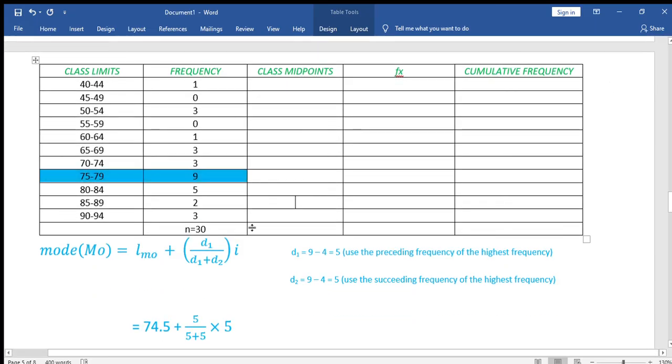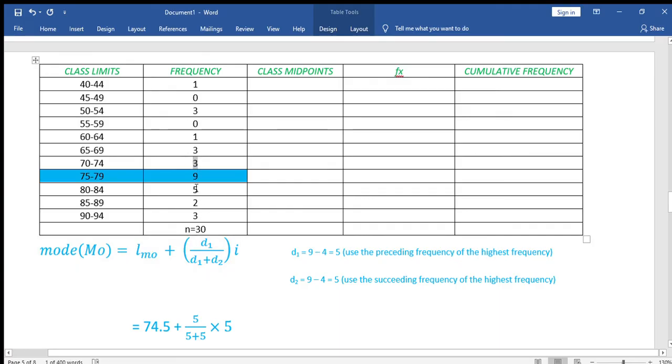Then, after that, we are going to determine your D sub 1. As I told you, your D sub 1 is the difference between the highest frequency and your preceding frequency. That's 3. Before 9, we have 3.